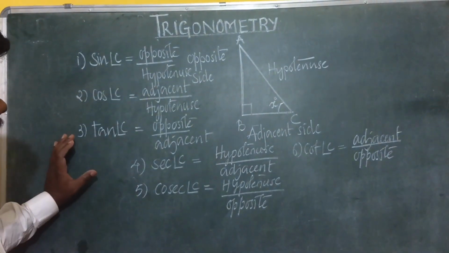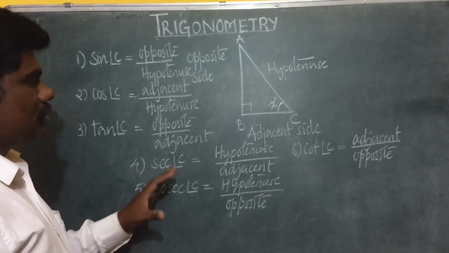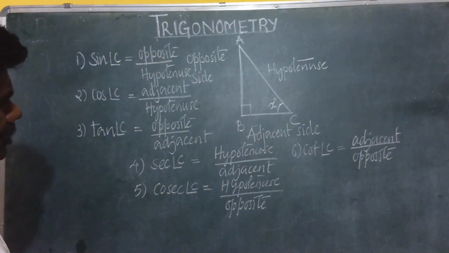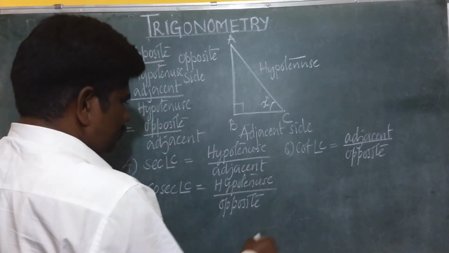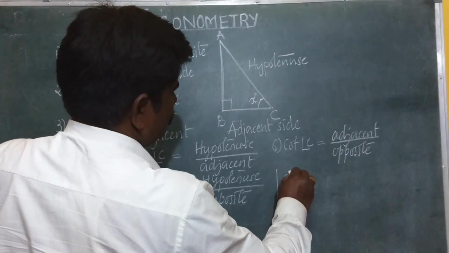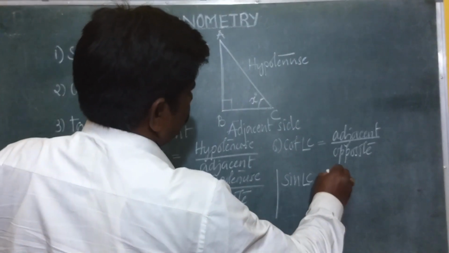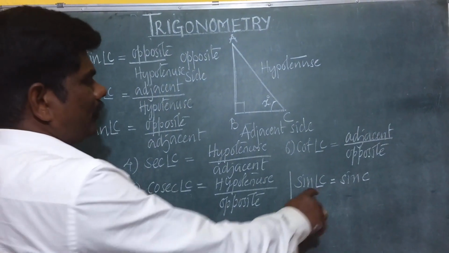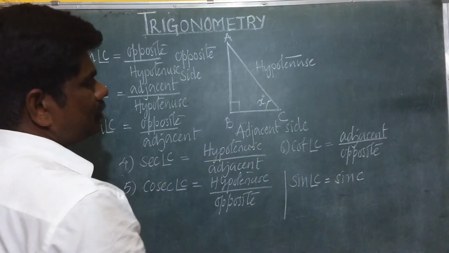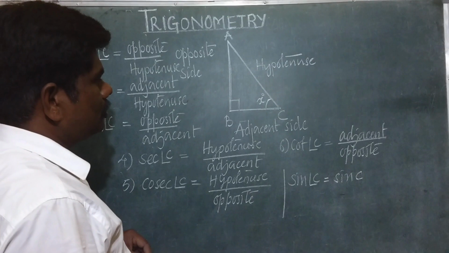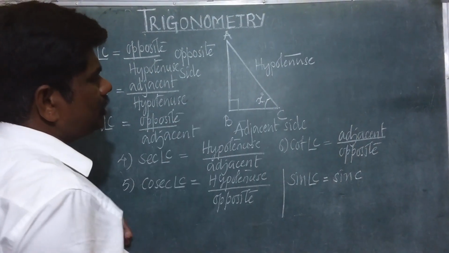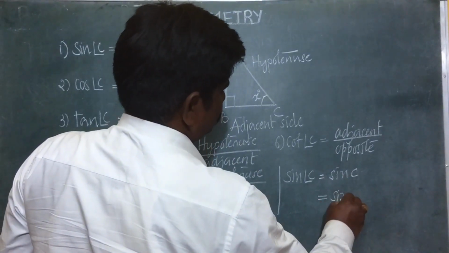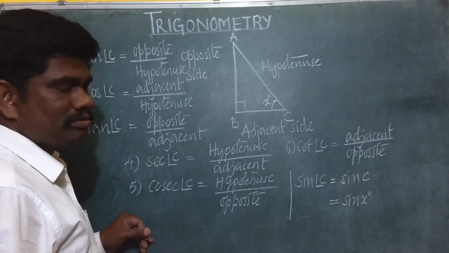So these are the 6 trigonometric ratios in trigonometry. Sine of angle C can also be simply written as sine C. So if I write sine C, it is as good as writing sine of angle C. And angle C is x degrees here, so I can even write this as sine x degrees.